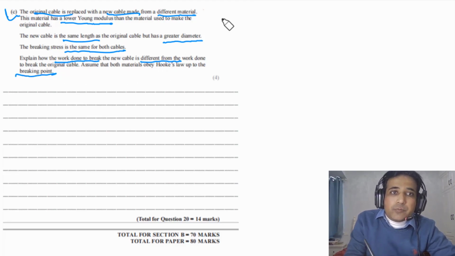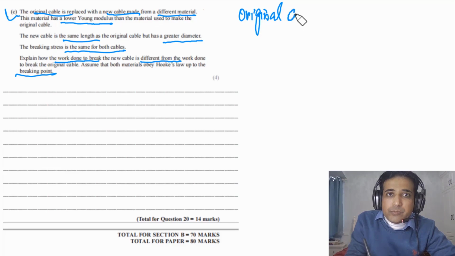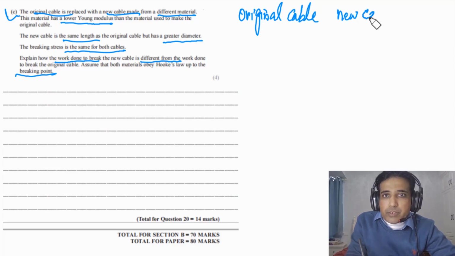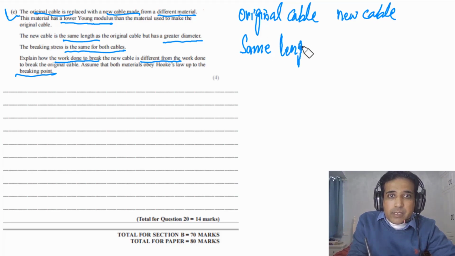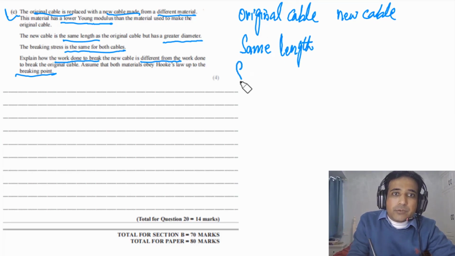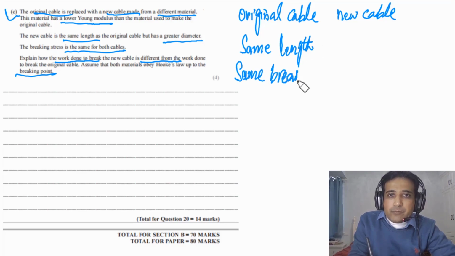So for this question, it is given to us the original cable. So we can simply write down here original cable, and we have new cable. For these two cables, it is given to us they have the same length, and also they have the same breaking stress.